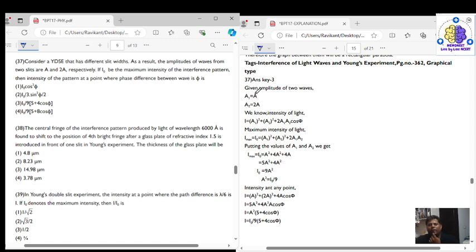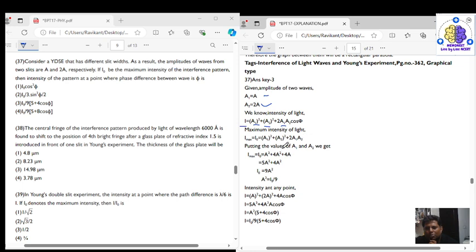Now see, if A1 is equal to A and A2 is equal to 2A, the resultant intensity I will be given as A1 square plus A2 square plus 2 A1 A2 cos phi, and this I will be maximum when cos phi is equal to 1, that is phase difference is equal to 0. So I maximum is A1 square plus A2 square plus 2 A1 A2, right?